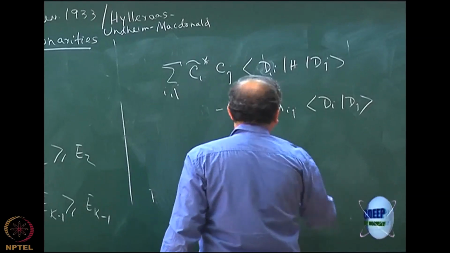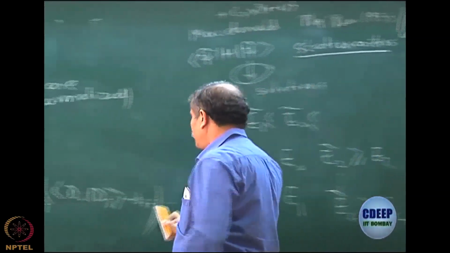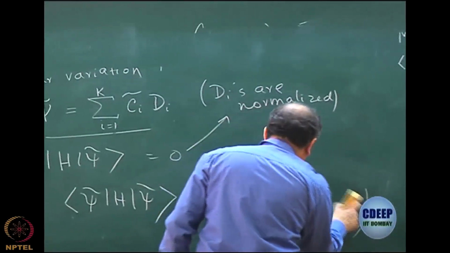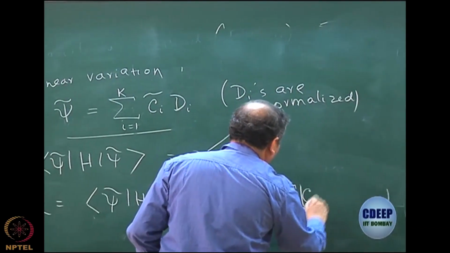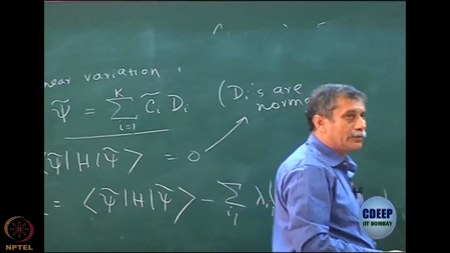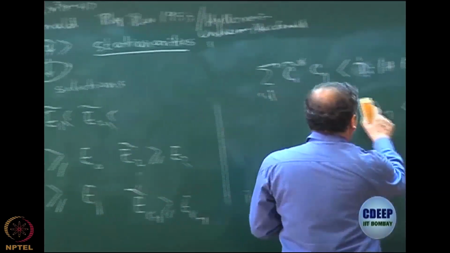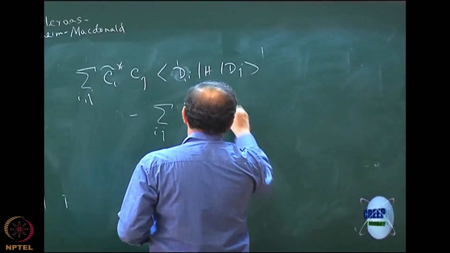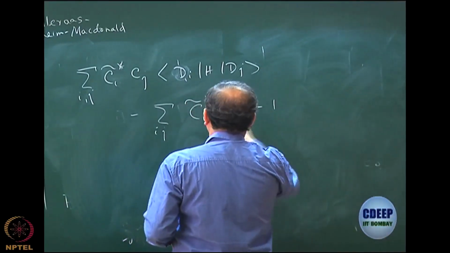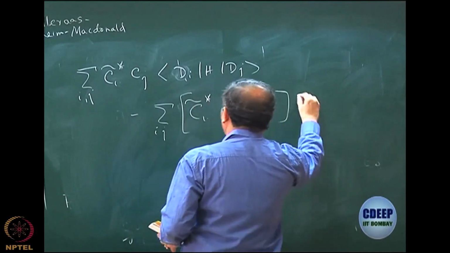Actually this is not right. The di dj's are anyway orthonormal. It is mod ci square, sorry, mod ci square minus 1, that is equal to 0. Okay, so it should be ci star ci minus 1 into lambda.